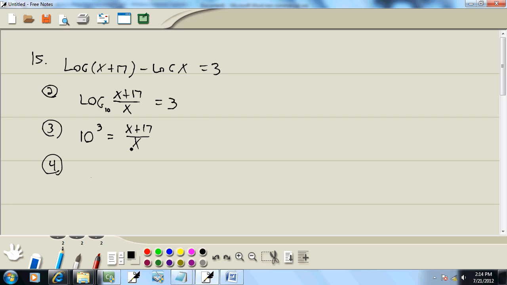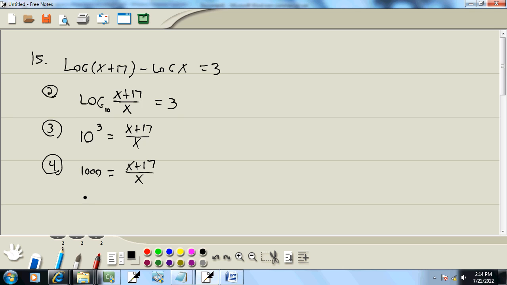Well, step 4, solve for x. This is actually a rational equation. We've got fractions, specifically we have x's in the denominator. So first thing I'll do is 10 to the third is 1,000. To get rid of the fraction, we're going to multiply everything by the LCM of all our denominators.